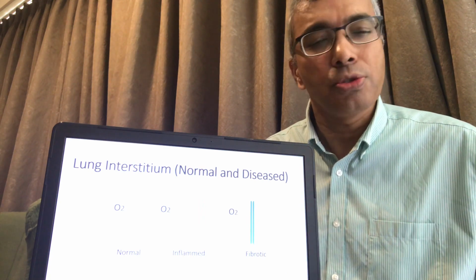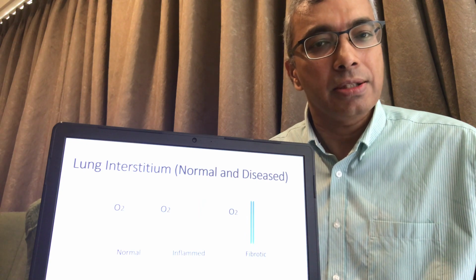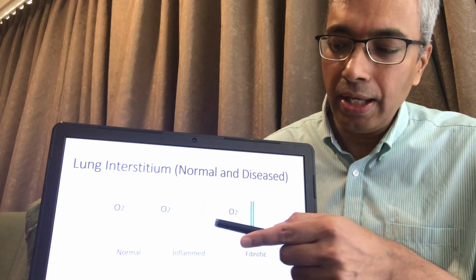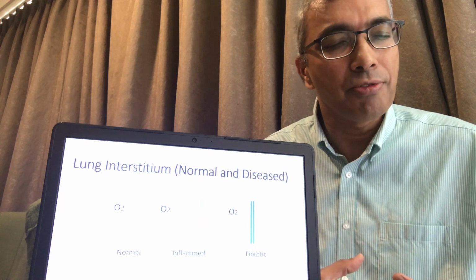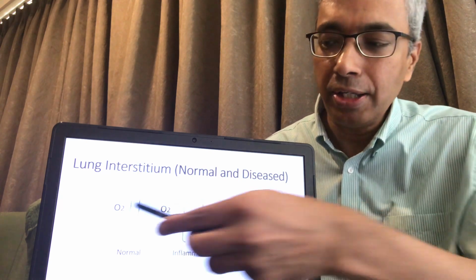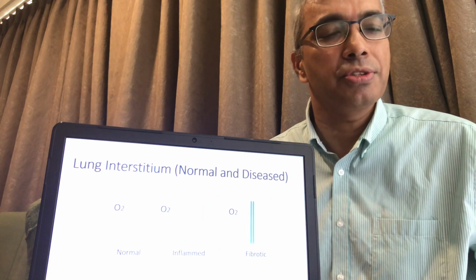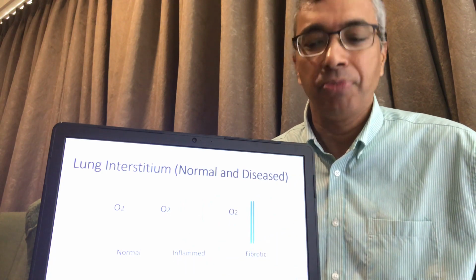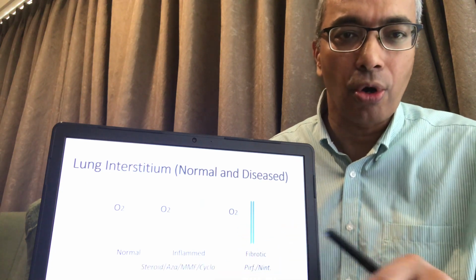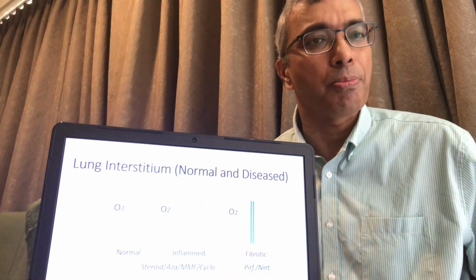Now, the important thing to understand is that in an inflamed interstitium, you can actually reduce the inflammation and thereby improve the gas exchange, which is now reduced, with drugs like steroids and immune suppressant drugs.